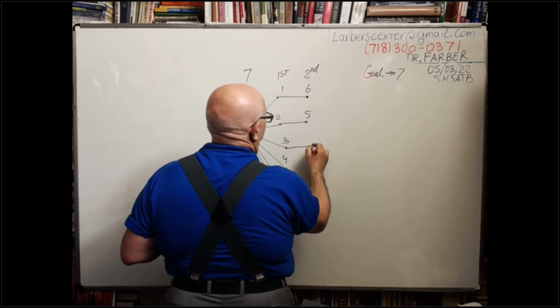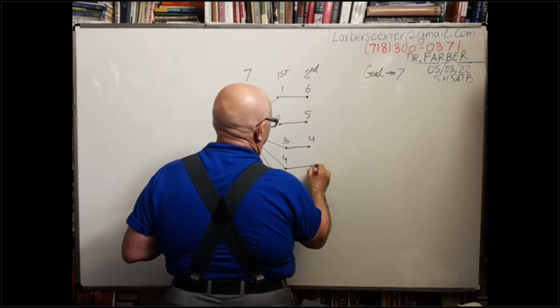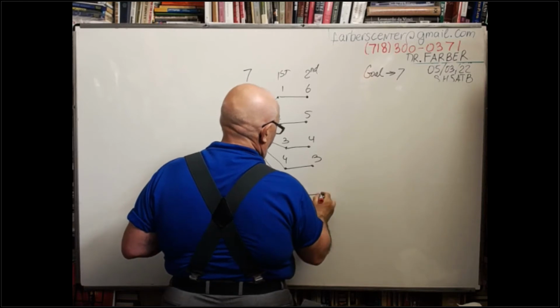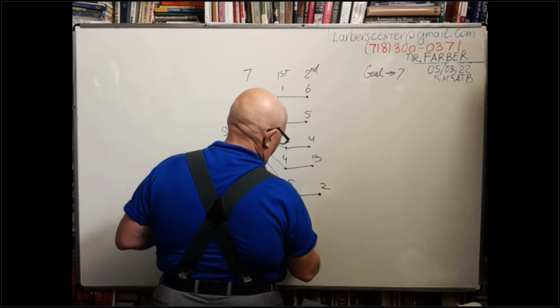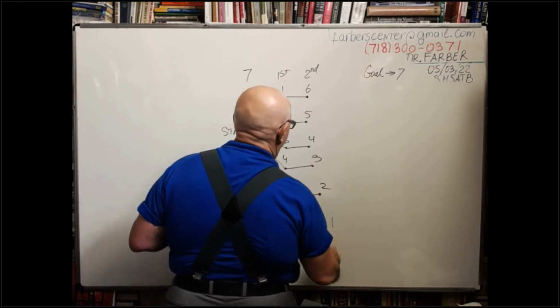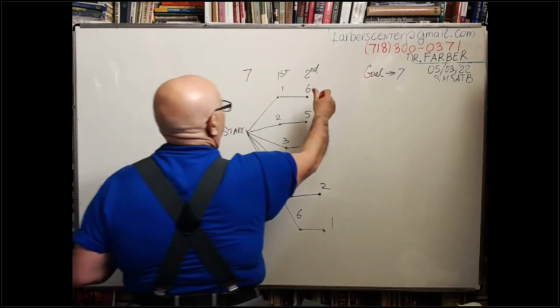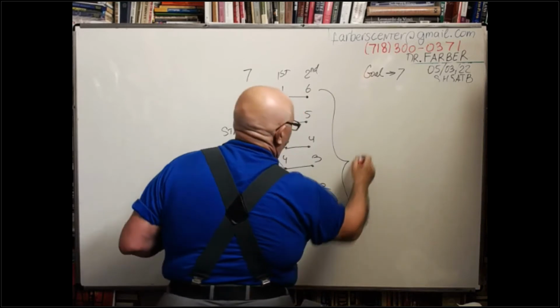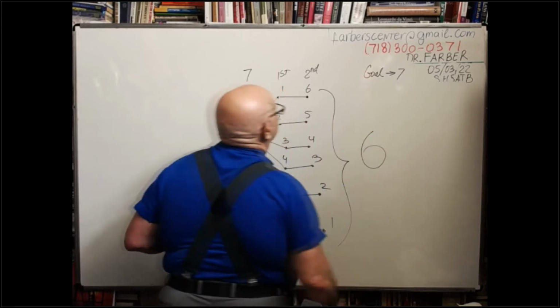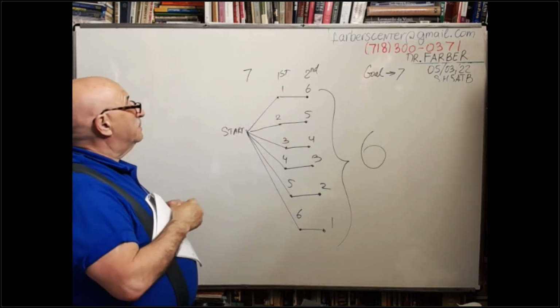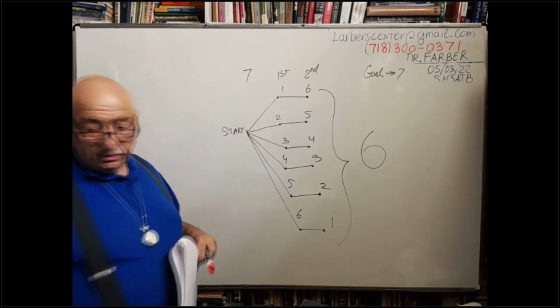The second would be 4. This would be 3. This would be 2. And this would be 1. Okay. So how many of them? It is 6.